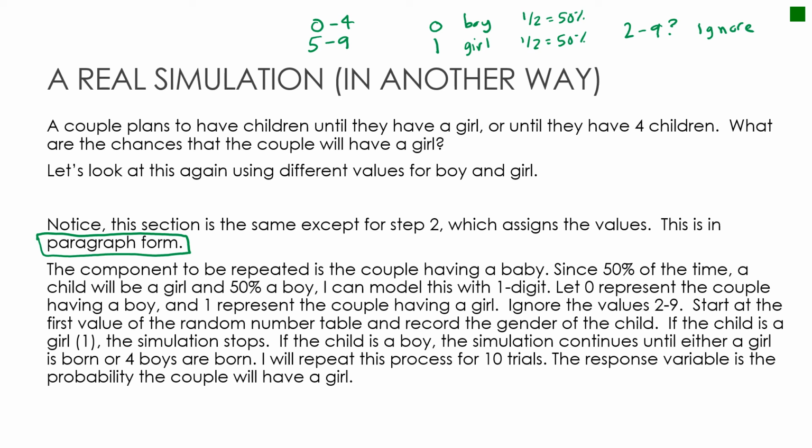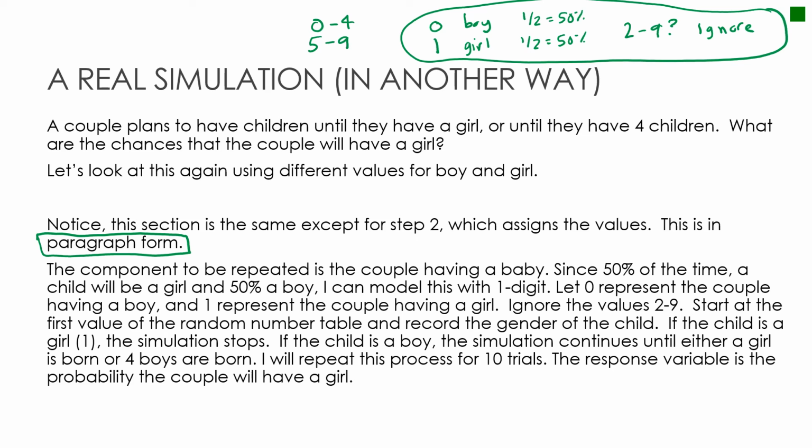So everything else about the simulation will be the same, except for step 2, where I talk about what I'm going to do with the values. So notice in paragraph form, the component to be repeated is the couple having a baby. Since 50% of the time a child will be a girl and 50% a boy, I can model this with 1 digit. Let 0 represent the couple having a boy and 1 represent the couple having a girl. Ignore the values 2 through 9.